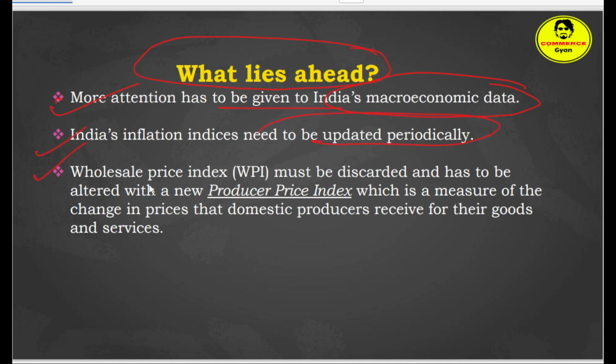And third is the wholesale price index. The WPI must be discarded and replaced with a new approach, that is the producer price index, which is a measure of the change in the price that domestic producers receive for their goods and services, right? So these three suggestions can be adopted to calculate GDP of India.